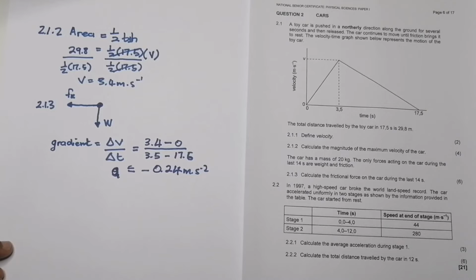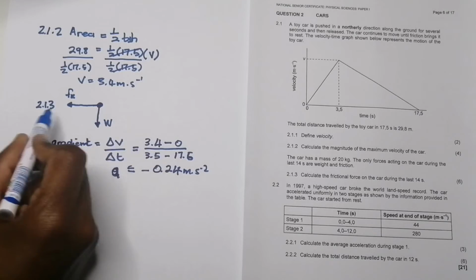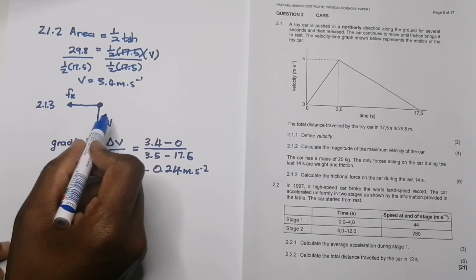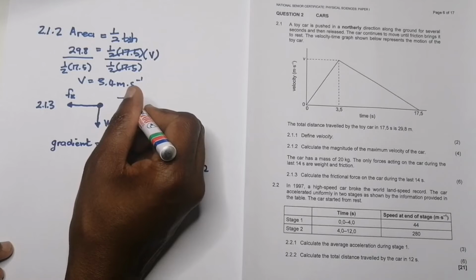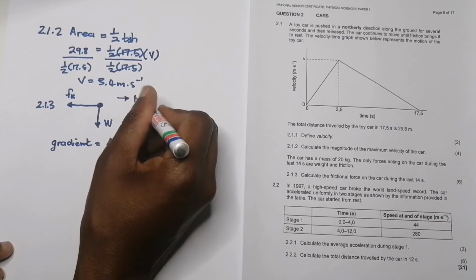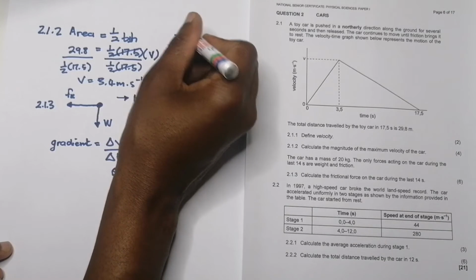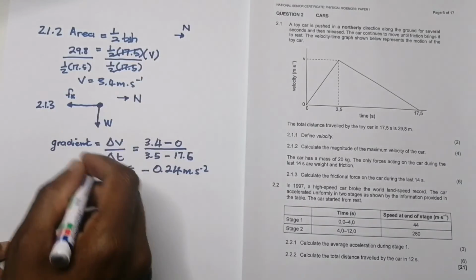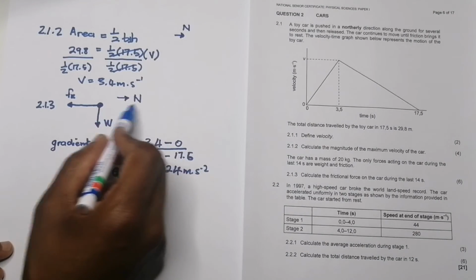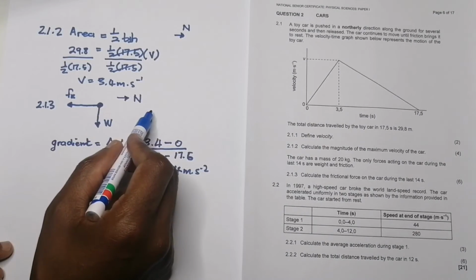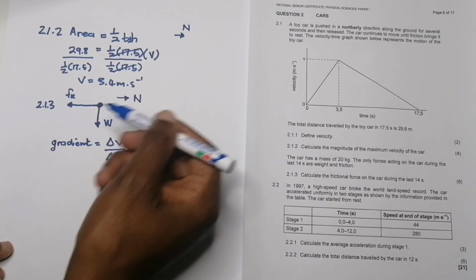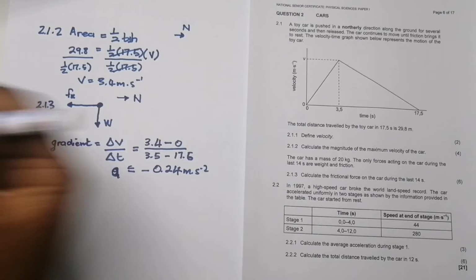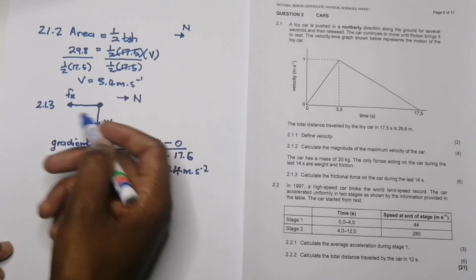Now, remember what you want to find is the frictional force, right? If we took the northerly direction, which we've assumed is our north, as our positive, it simply means that the southerly direction should be our negative.